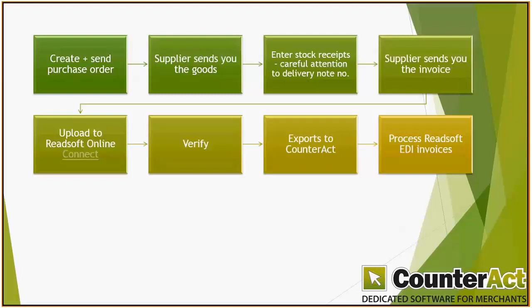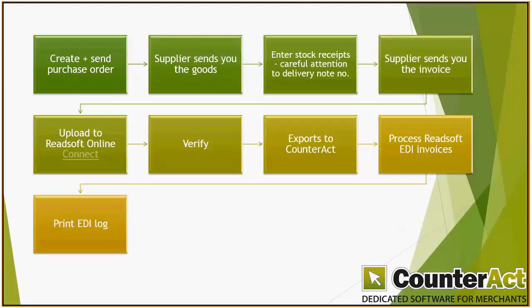The processing stage is actually the matching stage, I would say, is another way to refer to it. Once it's gone through that, you then print out an EDI log. Now, the EDI log is simply a way for you to have a view of what was successful and what wasn't. So you can monitor your success rate. You can actually see any failures and why they may have failed.